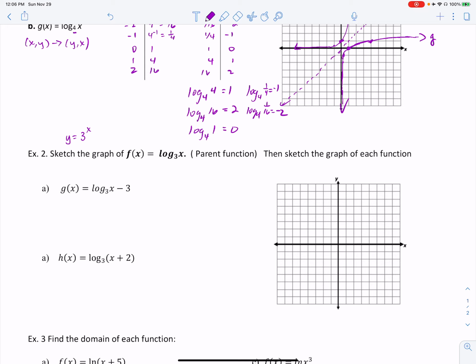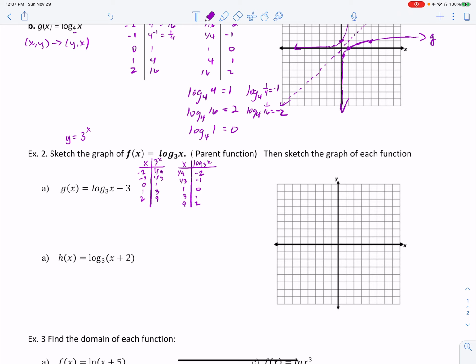So for y equals 3 to the x, I have a 1/9, a 1/3, a 1, a 3, and a 9. So that means the basic parent function for log base 3 of x is to switch these. 1/9 is a -2, 1/3 is -1, 1 is 0, 3 is 1, and 9 is 2.